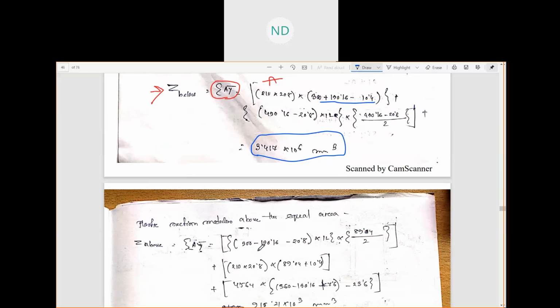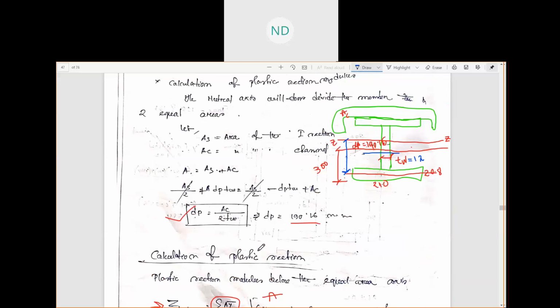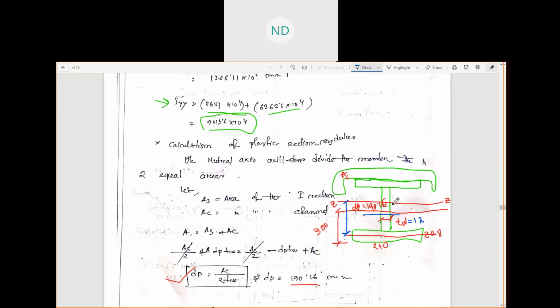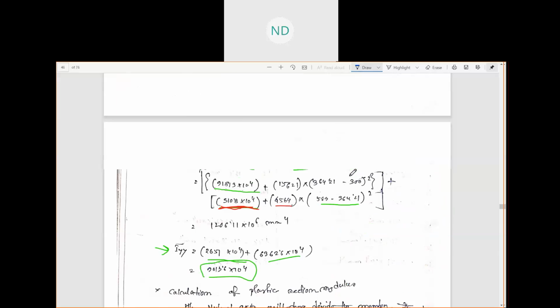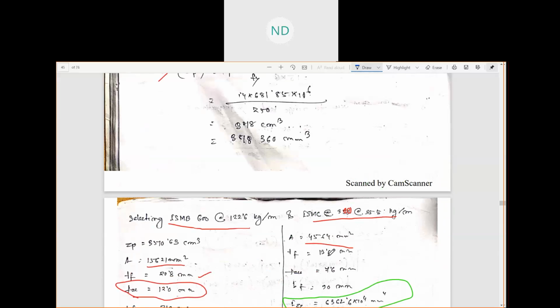And the section modulus above the equal axis, how much? You see here in this figure, if I show you, there are three members above this axis. This one is this, another one is this, and the third one is this. So for the channel section, let us consider the first channel section here. AC area we already know from here, this one AC 4564.